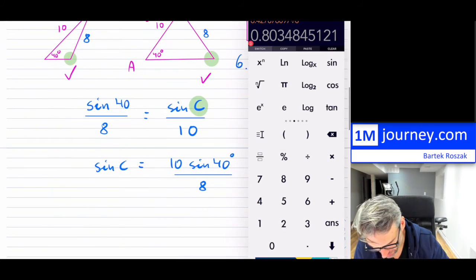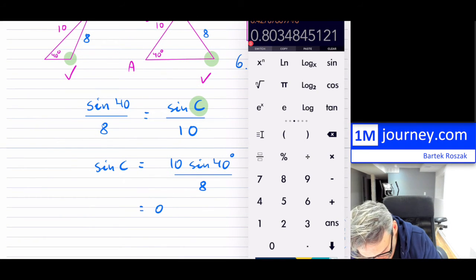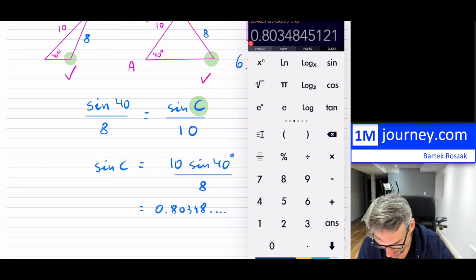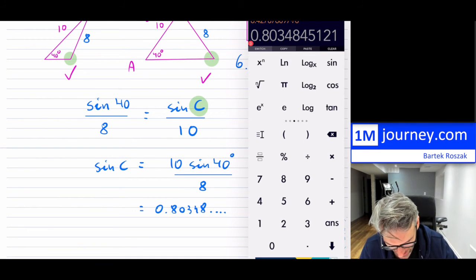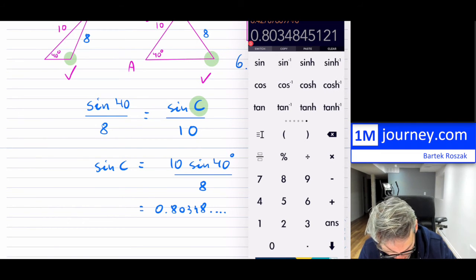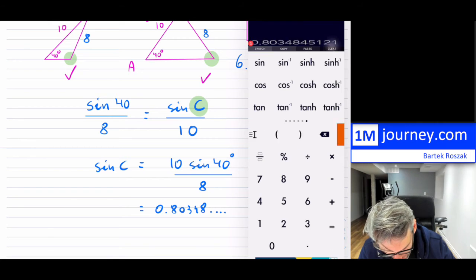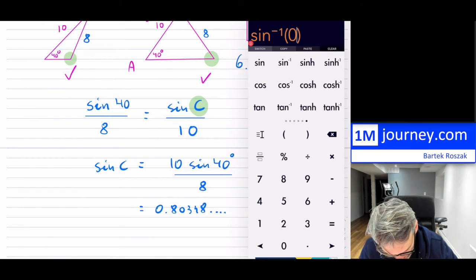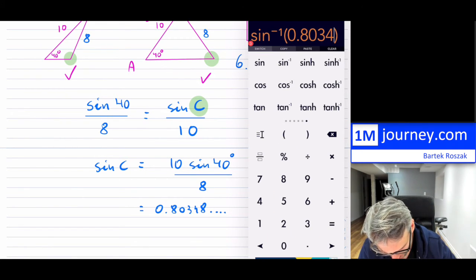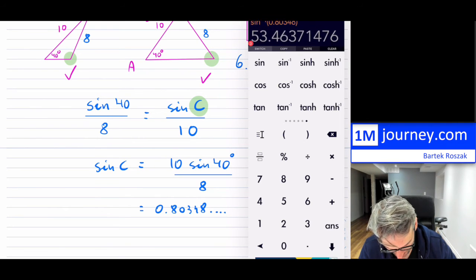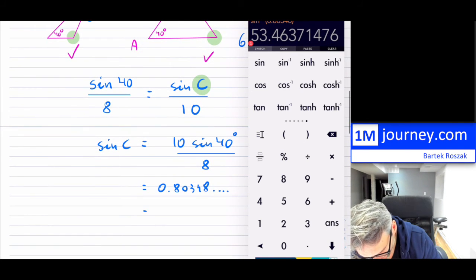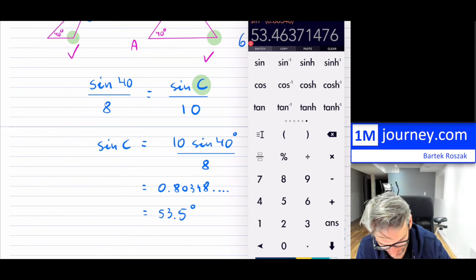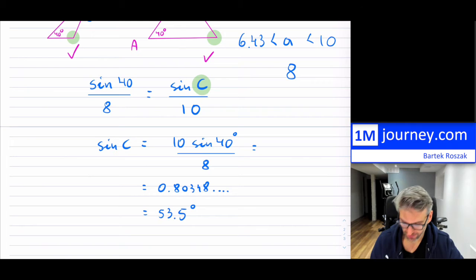That gives 0.80348 and so on. Now I want the angle, so I want the inverse of that. So sine inverse of 0.80348 and so on is approximately 53.5 degrees, if I round it off.